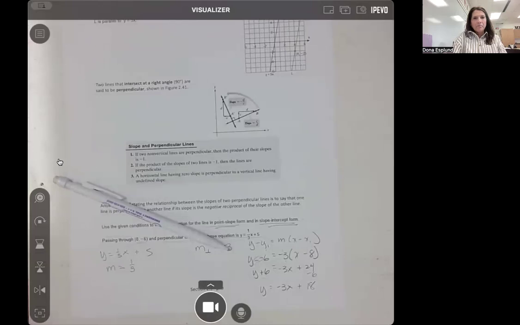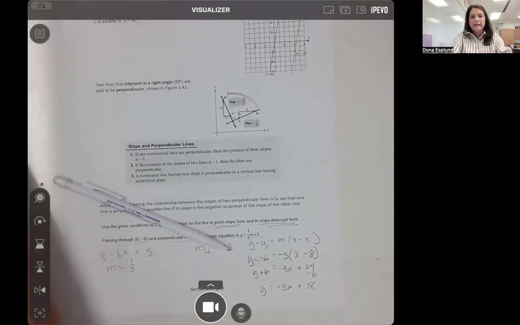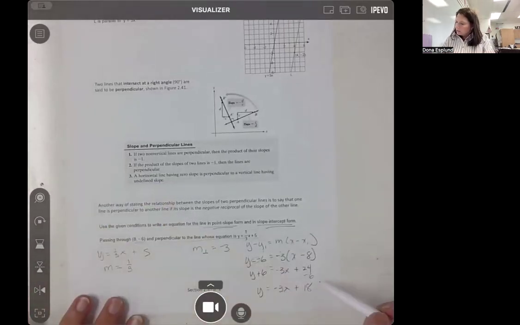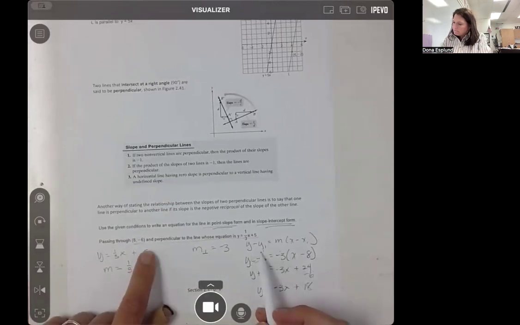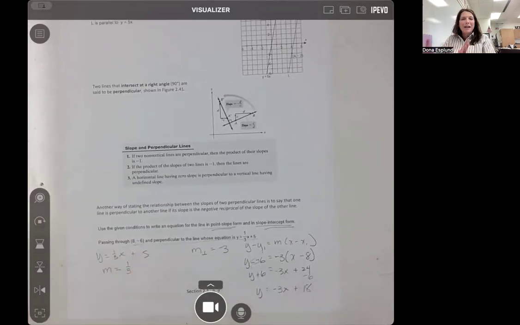And now I've got my point (8, 6), and this time I'm going to check it with -3x plus 18. And let me think, did I do something wrong? 24 minus 6. Well, this is not supposed to happen, guys.